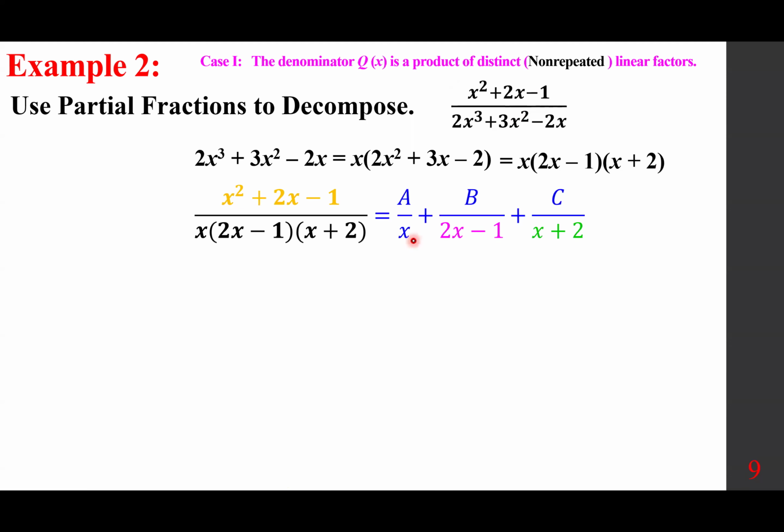So we write it as a over x plus b over 2x minus 1 plus c over x plus 2. That's how we write it, everybody. And I hope everybody is following that and understanding what this methodology is all about.